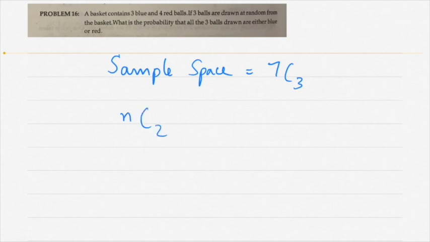So everybody knows the formula of NCR? What is the formula of NCR? NCR is equal to n factorial divided by n minus r factorial, r factorial, right?